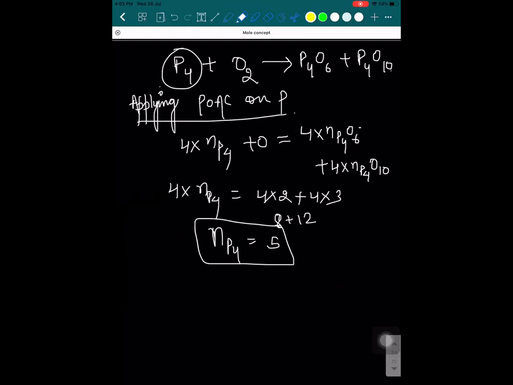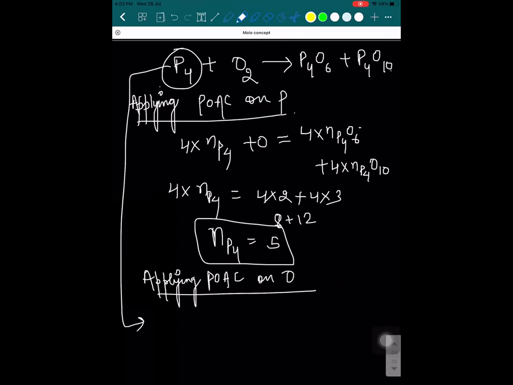Now what you have to do is apply POAC on oxygen. If you are applying POAC on oxygen, what you will get, students, look at this particular equation. Phosphorus has no oxygen. 2 into number of moles of oxygen is equal to 6 into number of moles of P4O6 plus, in this, 10 oxygens are there, 2 into P4O10.